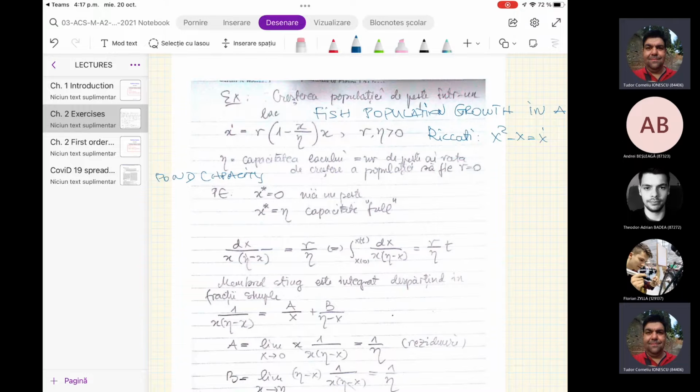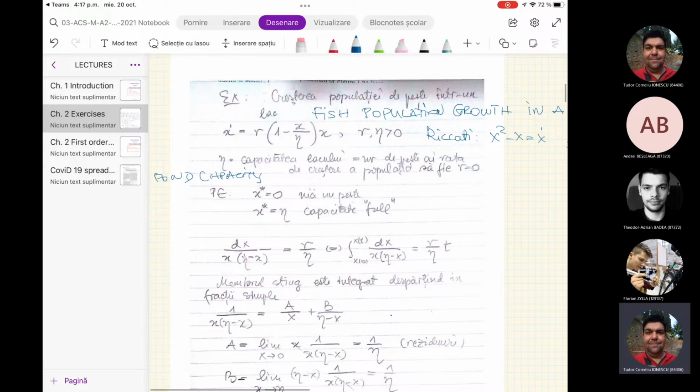So actually this capacity is the number of fish when the rate of increase of population growth is 0. Okay, and first of all we compute the equilibrium points.